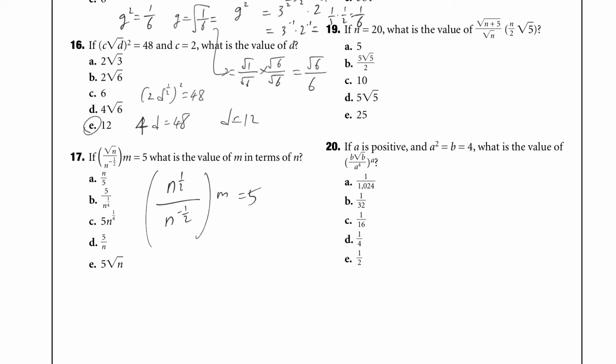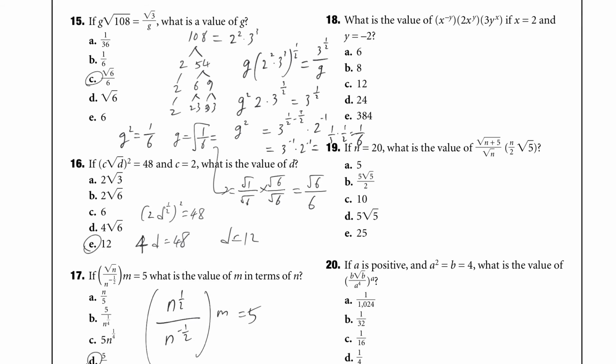Well, this n to the power of 1/2 divided by n to the power of negative 1/2 is like saying n to the power of 1/2 minus negative 1/2, all times m is equal to 5. And that is just n times m is equal to 5. And if I want m in terms of n, I want to isolate m, so I divide both sides by n. So m is equal to 5 over n.